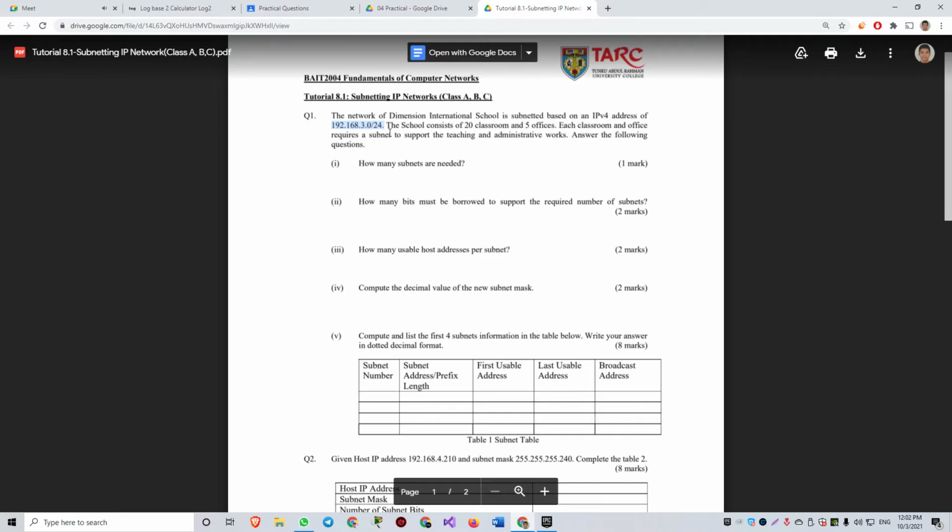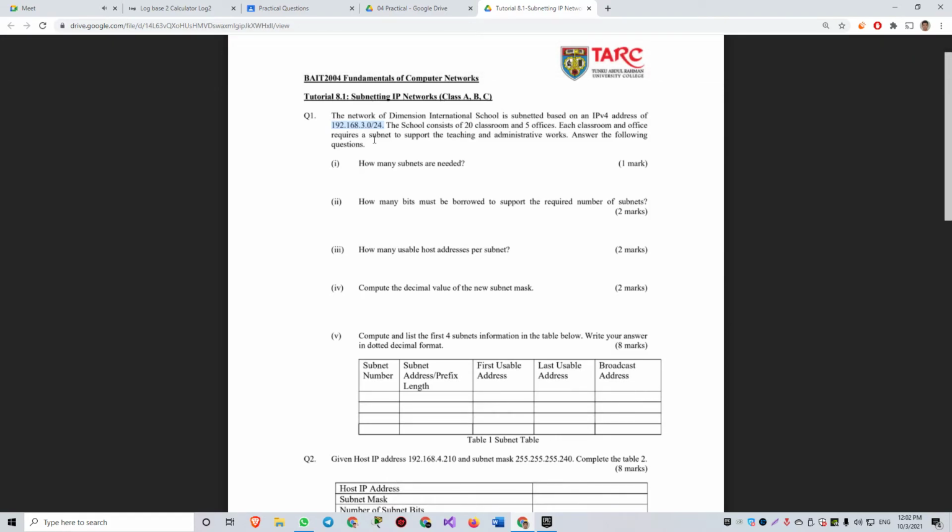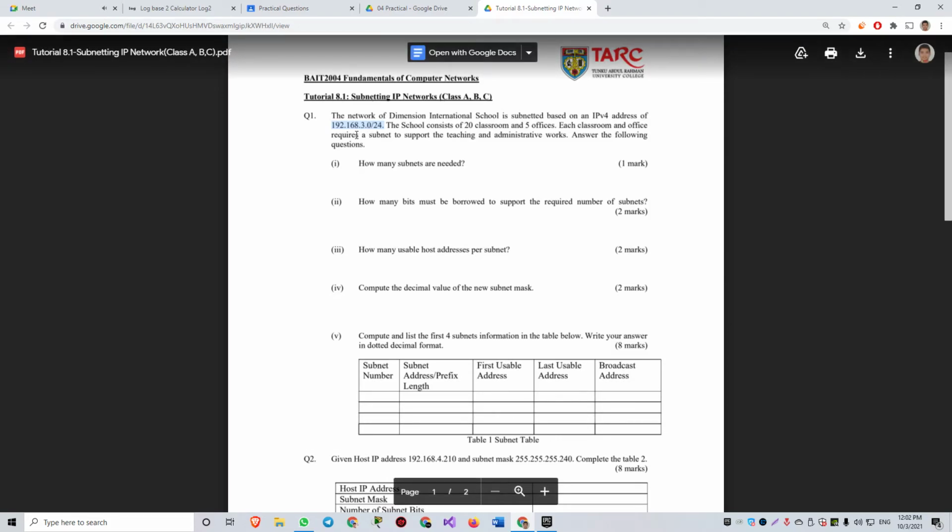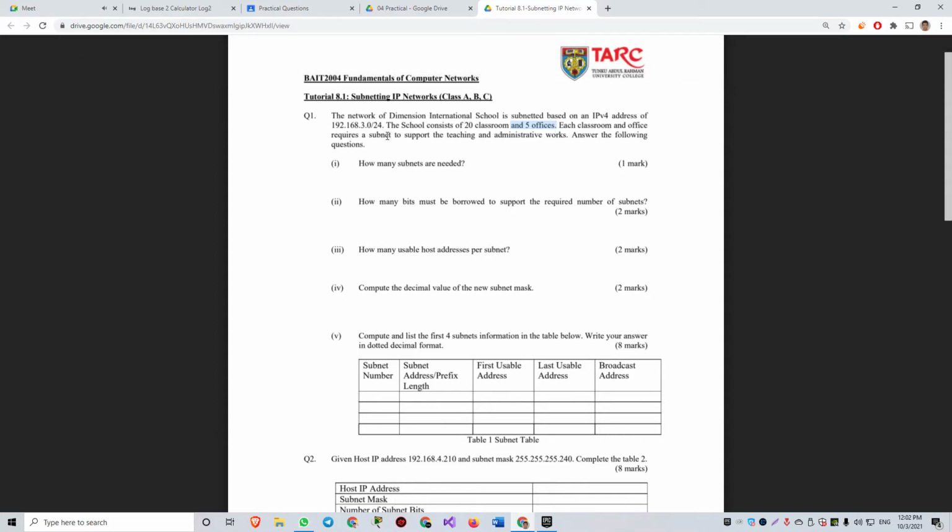It becomes slash what? 24 plus 5 bits: 25, 26, 27, 28, 29. Yes, slash 29.